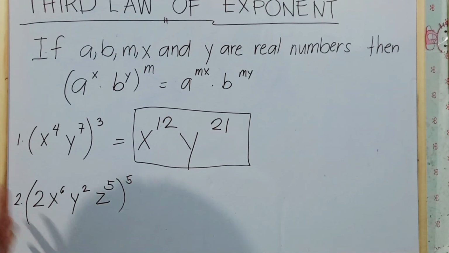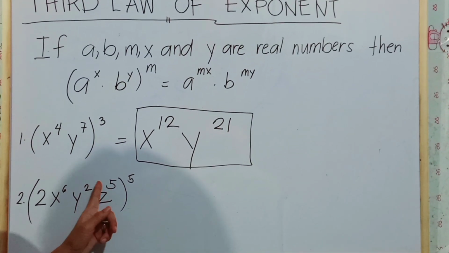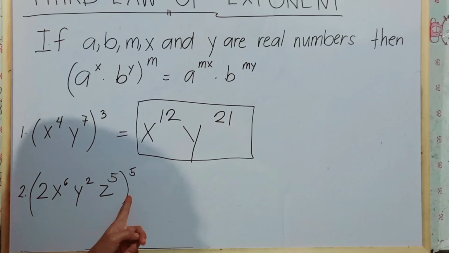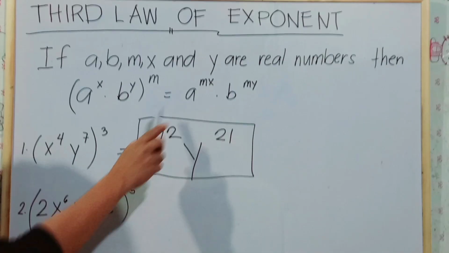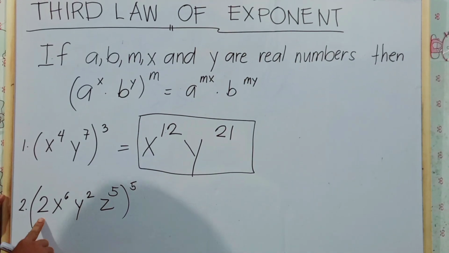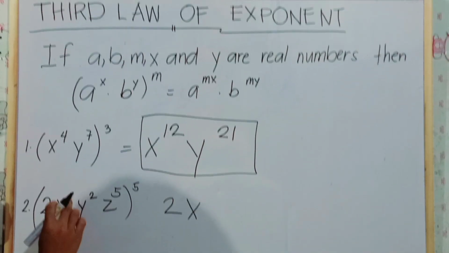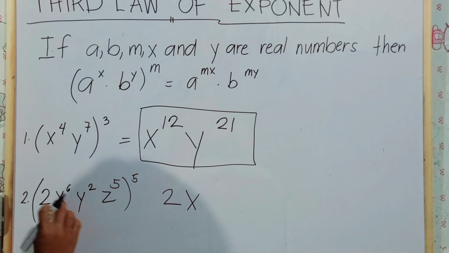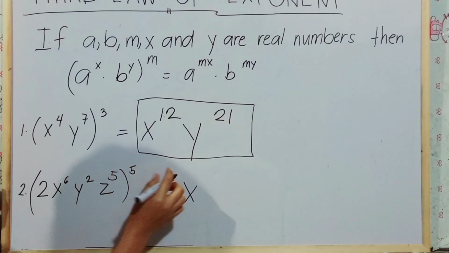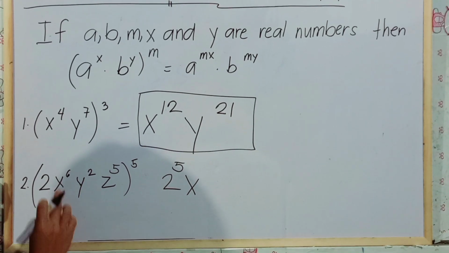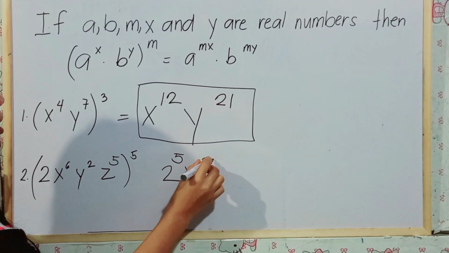Okay, so we have here the second example. So (2x^6 y^2 z^5)^5. So we will apply the rule. So we have here, copy 2, and then put 5 there, and then x, multiply 6 times 5, 30.